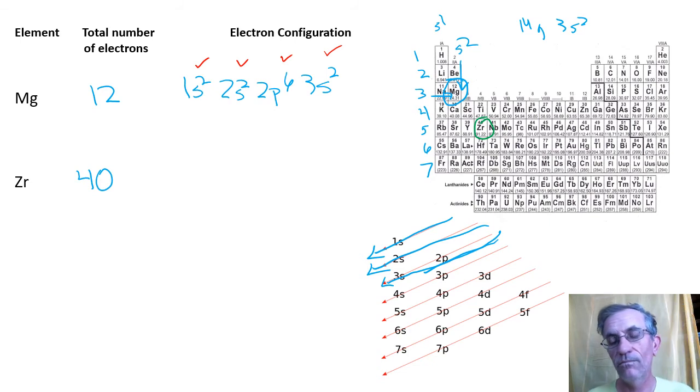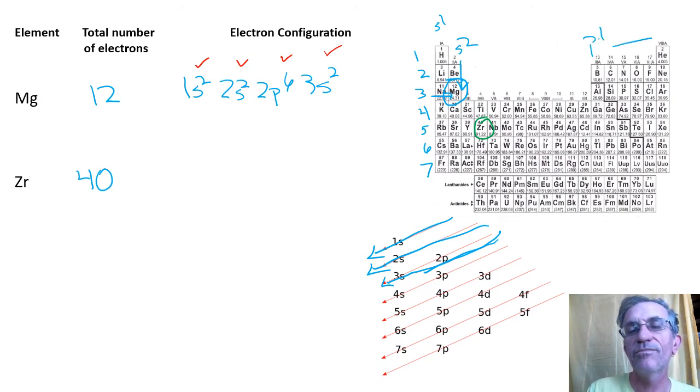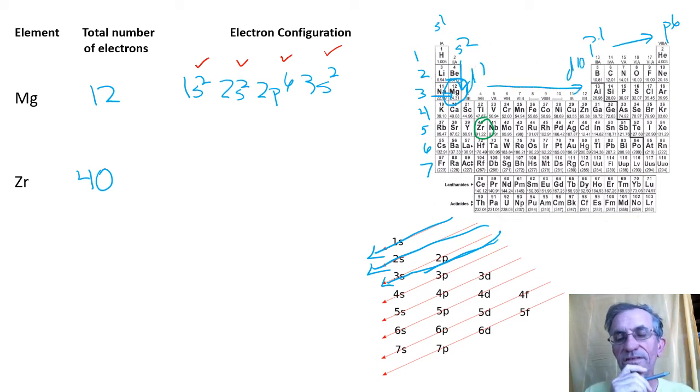Do you know what it's going to end in? At least you'll know what it ends in. Man, there's a lot to put in, but what is it going to end in? Let me give you a little hint. Let's write those back in. P1 through P6. These guys were D1 through D10. So what's it going to end in?